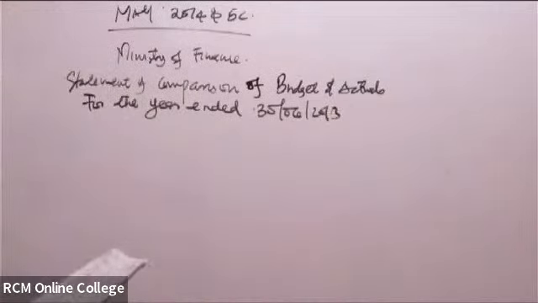So you have the details, then the figures for the final budget, then the actual amount, and then the variance.